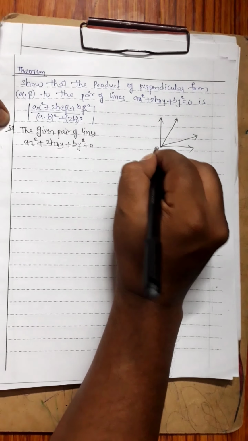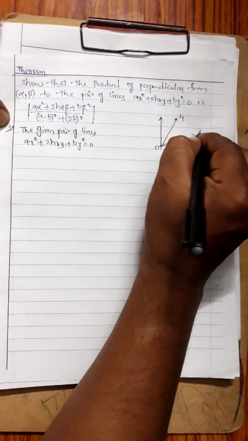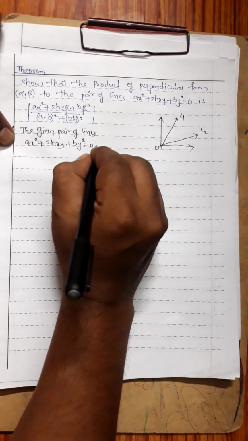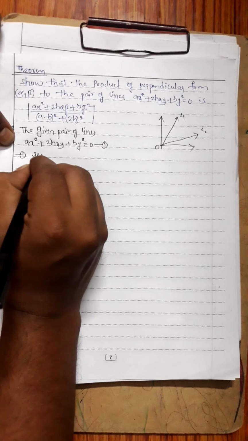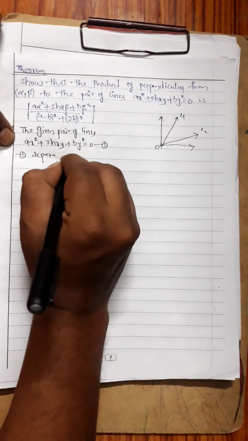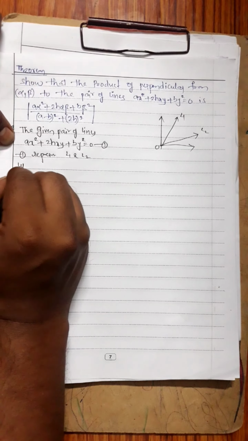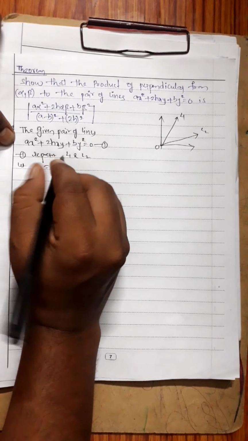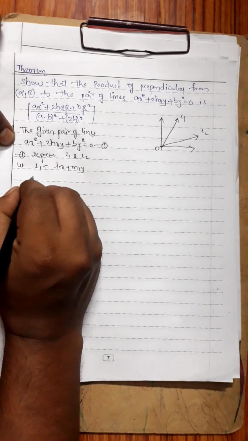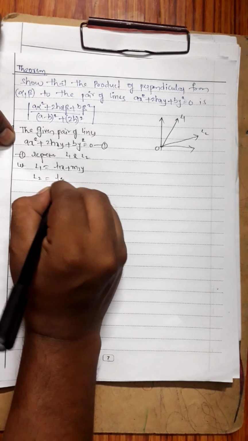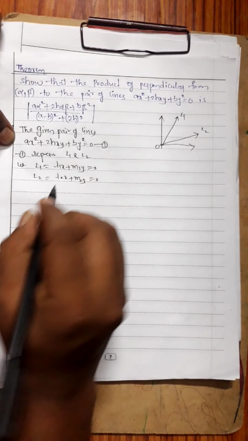These two go through the origin. Therefore, equation 1 represents the L1 and L2 lines. Let L1 be L1x plus M1y equal to 0 and L2 be L2x plus M2y equal to 0.